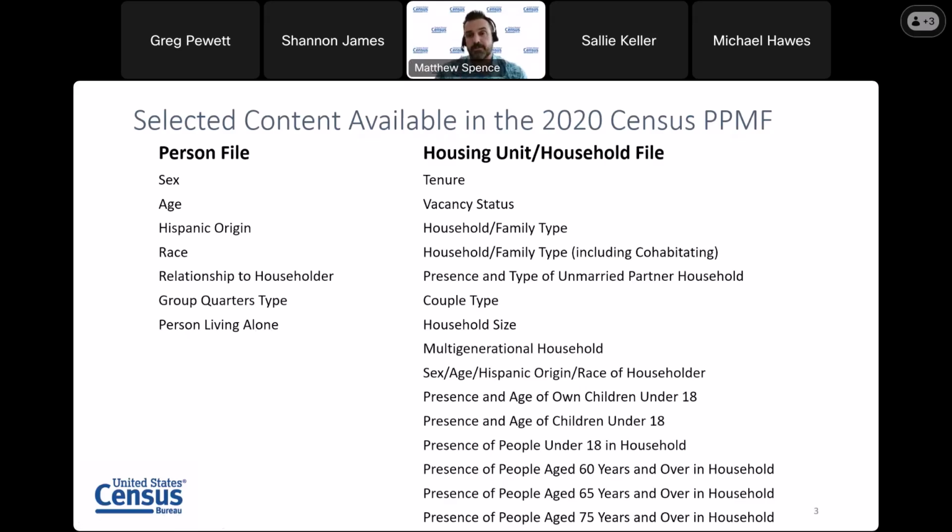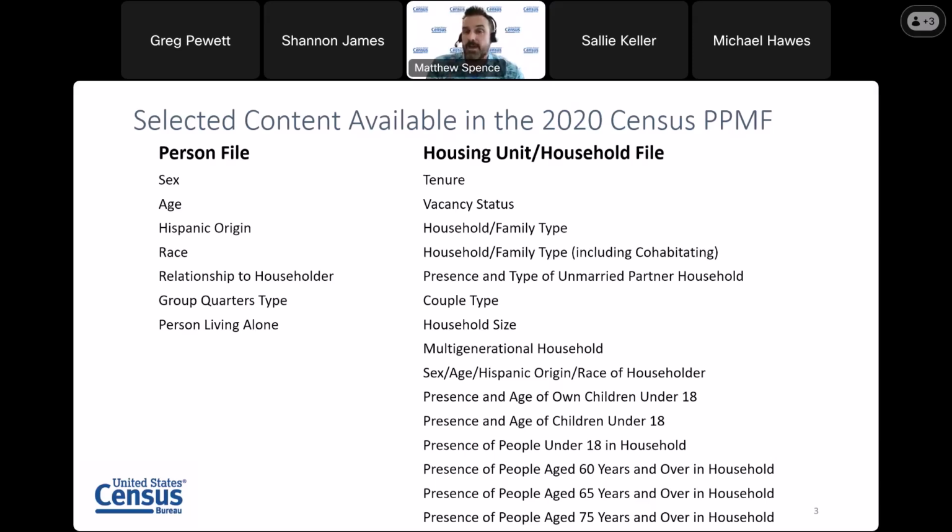The person file has all of the individual person level data, things like sex, age, Hispanic origin, race, relationship to householder, and if they live in a group quarters, the detailed type of group quarters, and then finally an indicator for whether the person is living alone. So those are all the person level data in the person table.